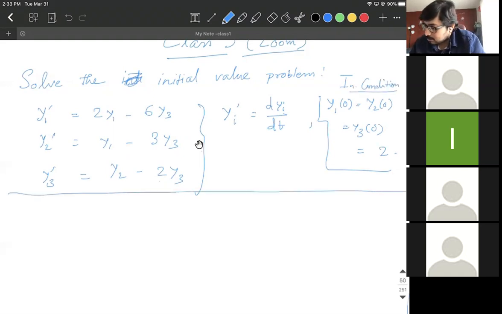Okay, so let's set up the problem, and the part about solving the eigenvalues and eigenvectors I will do quickly, but let's first set up this problem. So how does it look? You have y1 prime, y2 prime, and y3 prime.